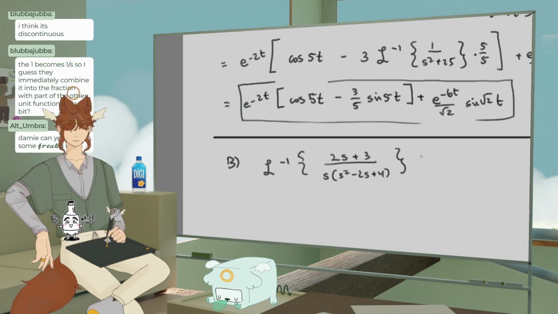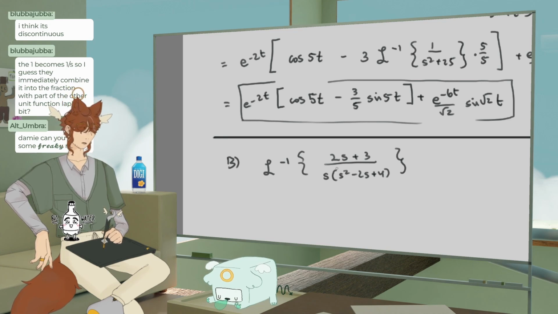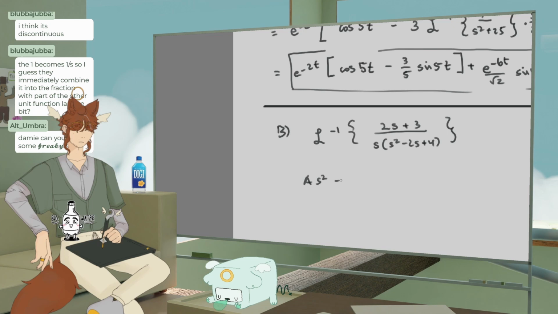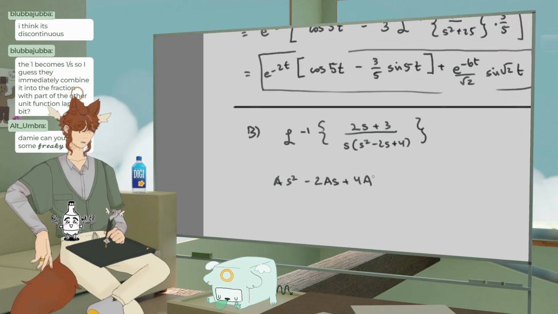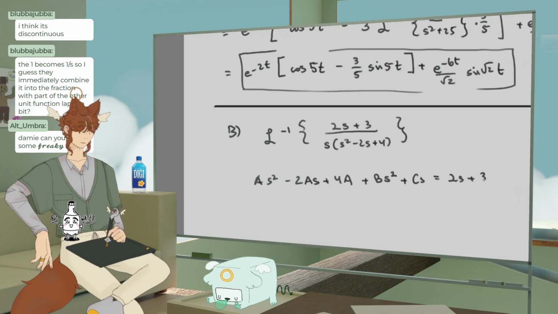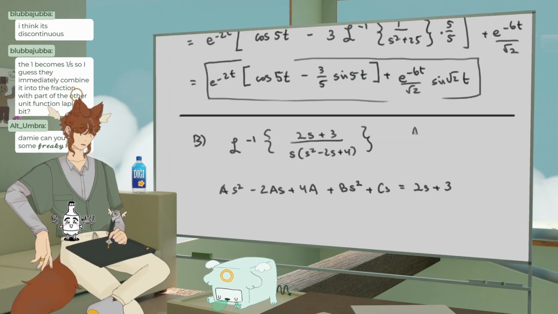So we have a over s and bs plus c over s squared minus 2s plus 4, which gives a s squared minus 2as plus 4a, plus bs squared plus cs equals 2s plus 3.